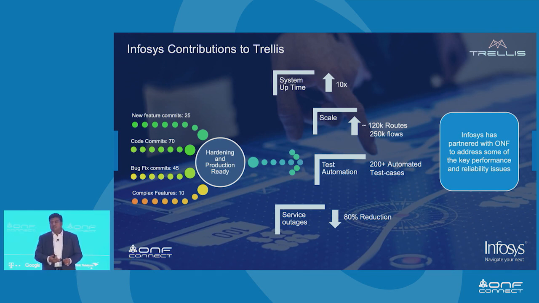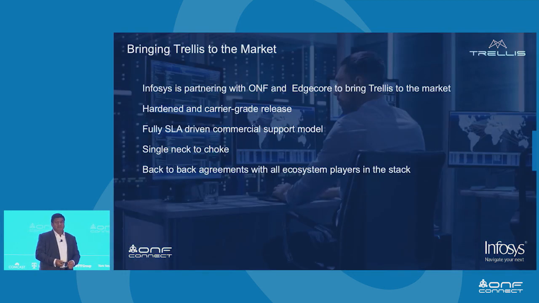And then an 80+% reduction in service outages, really bringing it to a carrier-grade performance where it could be taken to production. We have obviously closely worked with ONF under the guidance of the architects and designers at ONF to be able to achieve this.